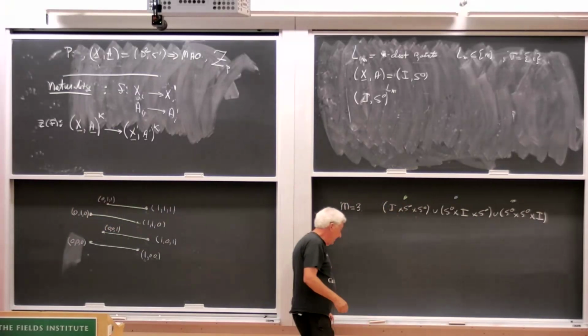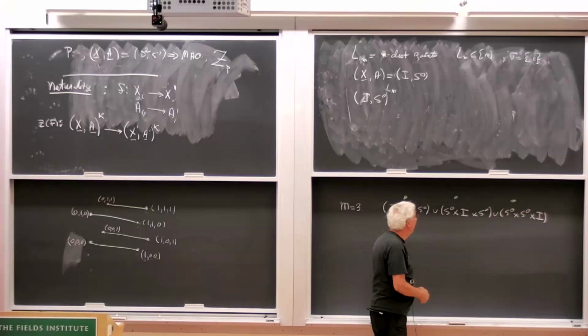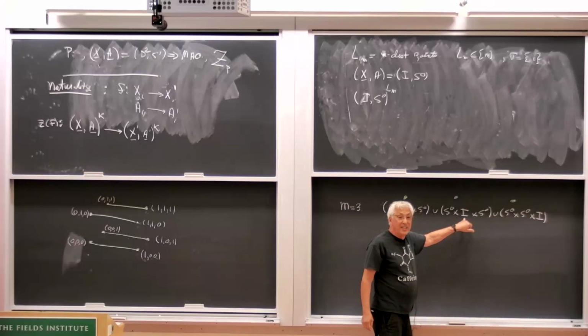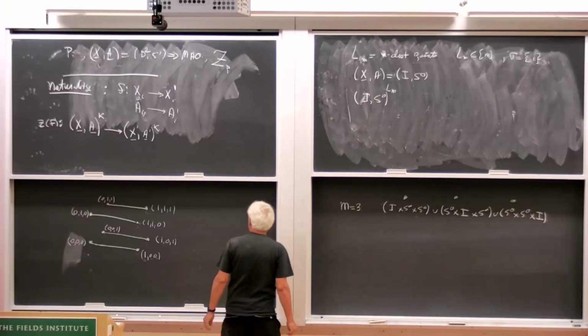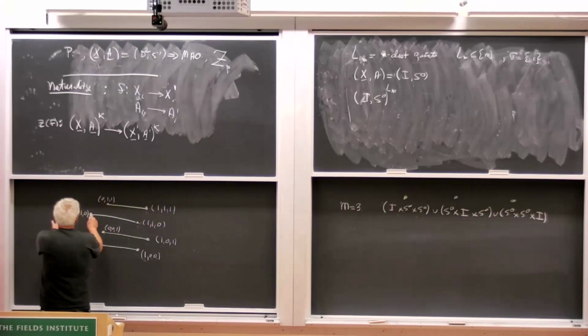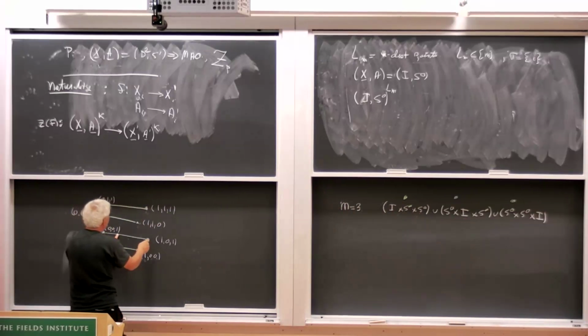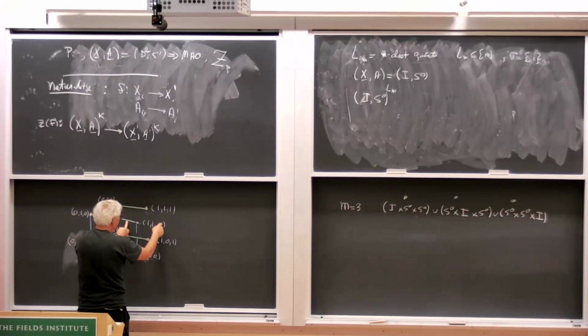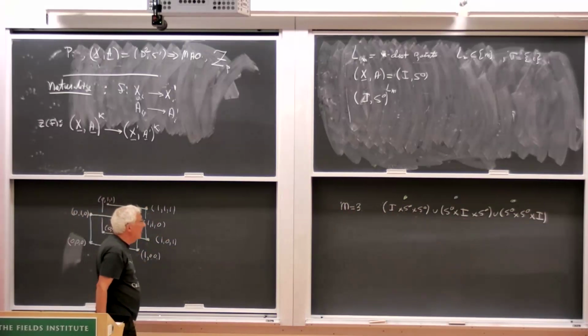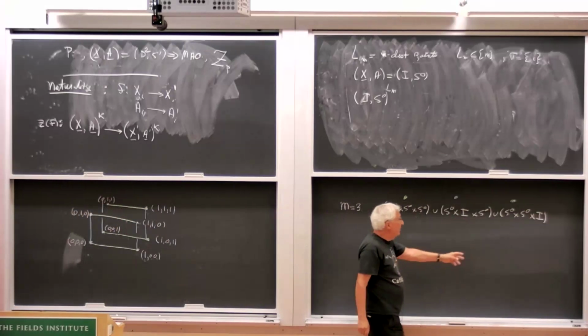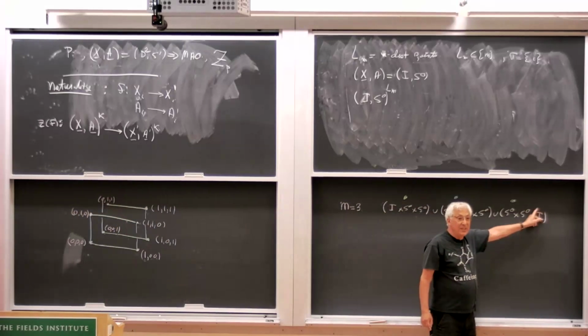In the blue, they differ in the second coordinate. This one differs here, this one differs here, and this one differs in that coordinate. And the last one, there's an edge if they differ in the third coordinate.